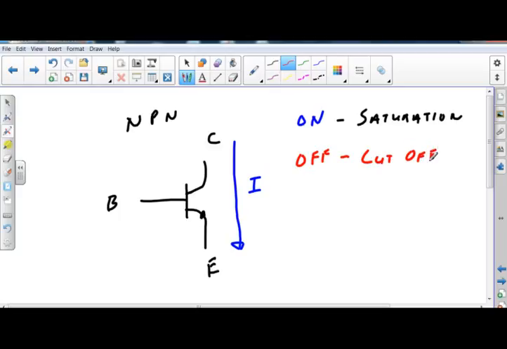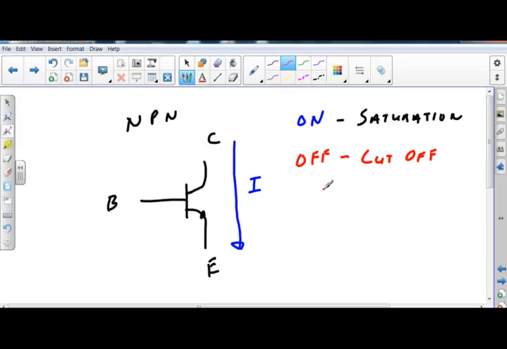And we really don't care about anything in between. It's either in saturation or cutoff, because this is a digital circuit class. We want it to be on, we want it to be off. We want to use the transistor to be a memory location: 1 for on, 0 for off, keeping track of my memory. So we don't think of the other uses of the transistor, which we do next semester.